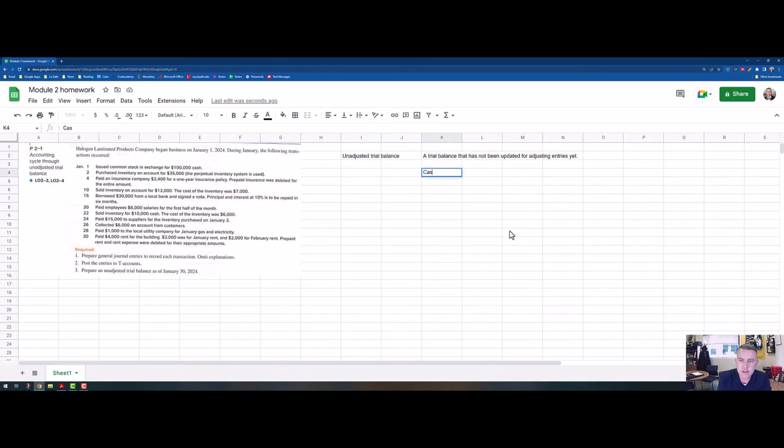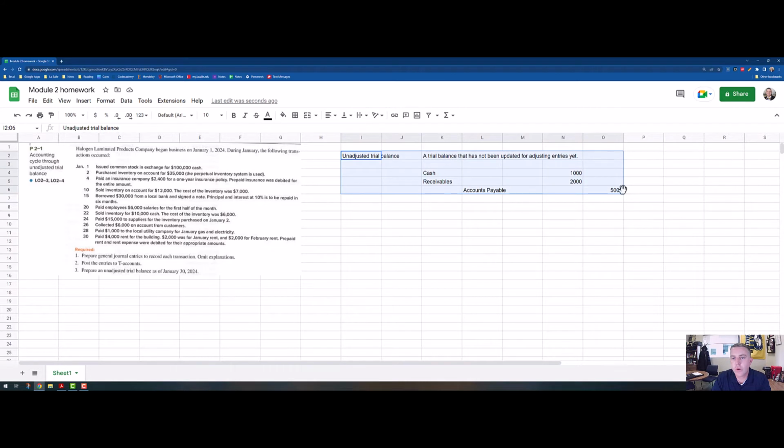So we'll have a listing of cash, receivables, and then over here in this column we'll have accounts payable. And what this report will basically do is list all the balances for all of our financial statement accounts. So this is 1,000, maybe this is 2,000, and this is 5,000, and so on and so forth. And it goes down every single financial statement account and lists it out. All right. So we are going to prepare the unadjusted trial balance. It's the trial balance before adjusting entries have been recorded.